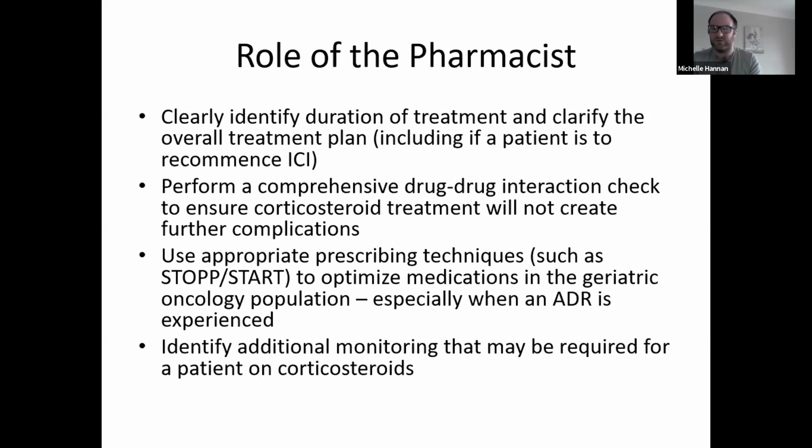Patients can be on a multitude of drugs that can interact with corticosteroids, and some of the more common ones that you might see in the geriatric population are ACE inhibitors and also anti-diabetic agents. So their effectiveness can be decreased when used in combination with corticosteroids, particularly long-term high-dose corticosteroids.